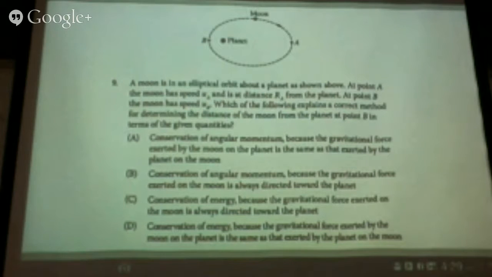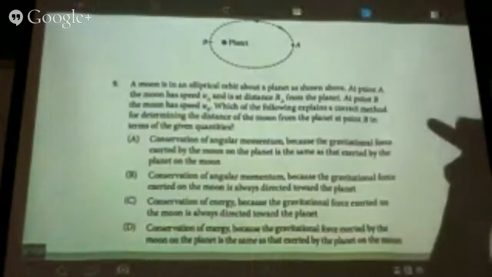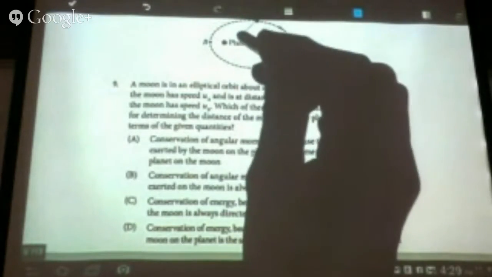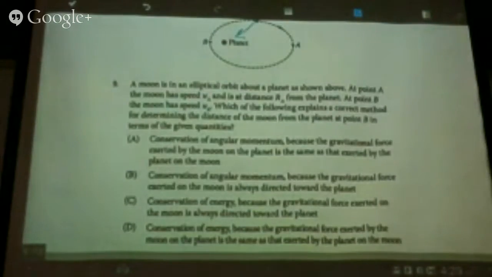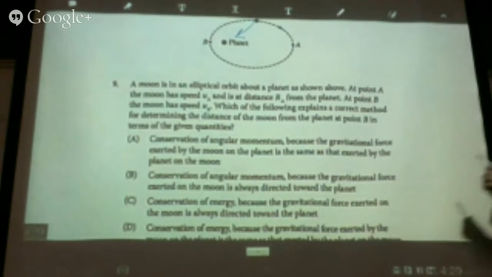So if we have a force directed right toward the planet, to get torque, we do the distance from the center of rotation to where that force is being applied.